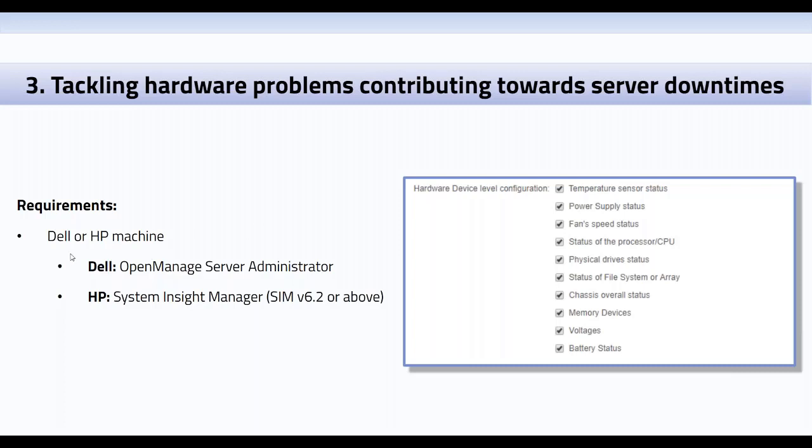So we support the Dell and HP machines when it comes to hardware monitoring, provided the OpenManage Server Administrator is installed on your Dell machines and the HP System Insight Manager is installed on your HP machines. And this screenshot basically tells us the type of hardware metrics that we capture within the product.